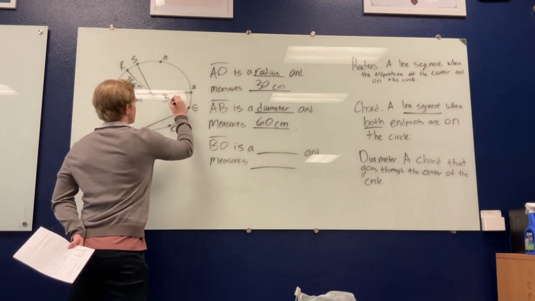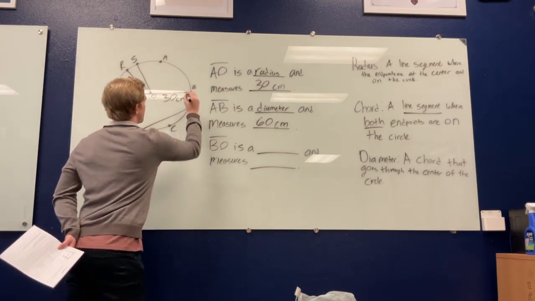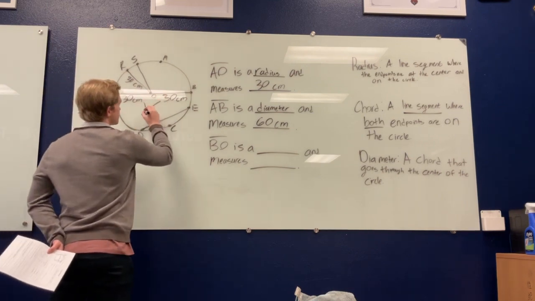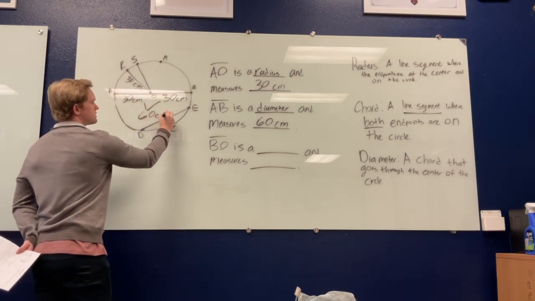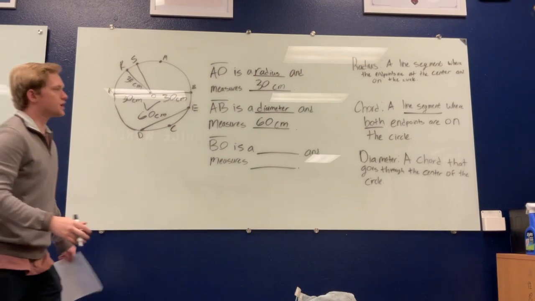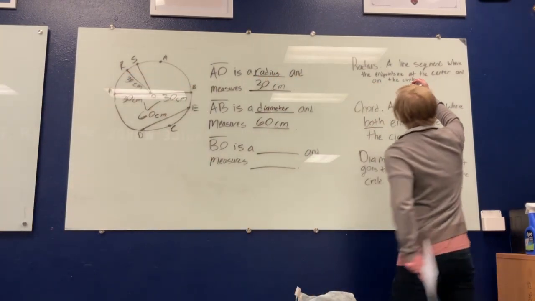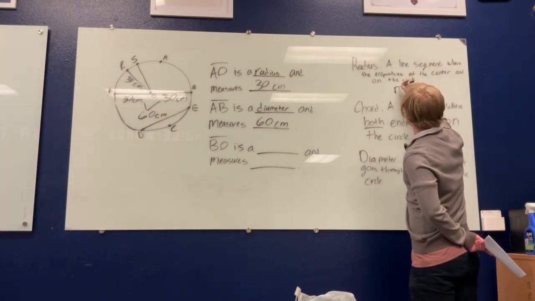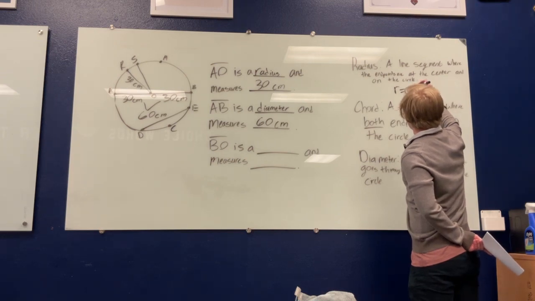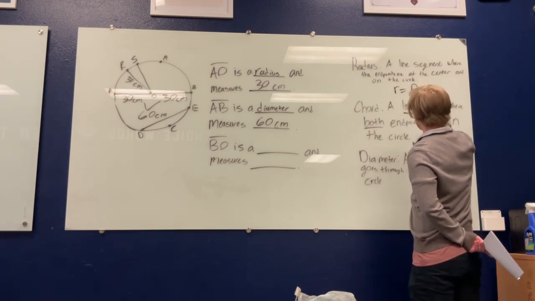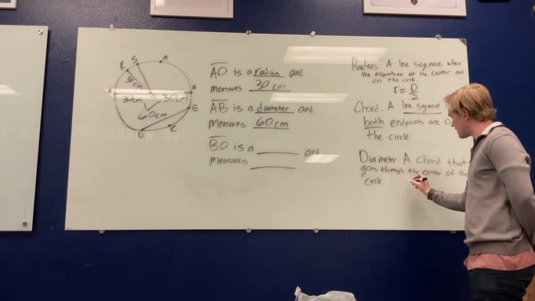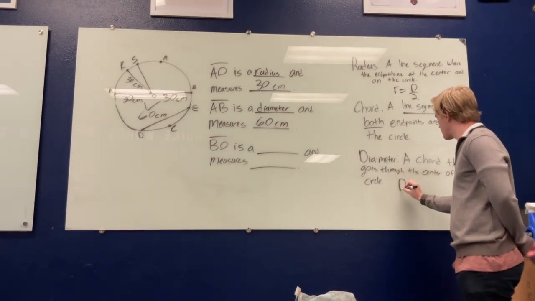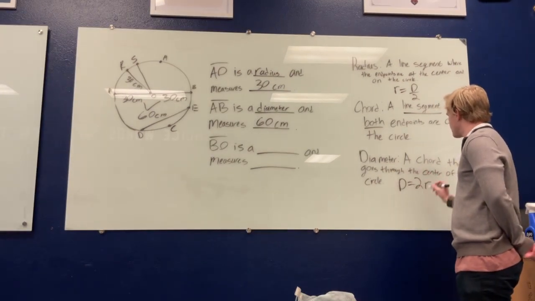That means that our other side also has to be 30 centimeters. When we put that together, we get 60 centimeters. So when we're coming over here, we're seeing that the radius is equal to half of the diameter, while the diameter is double the radius.